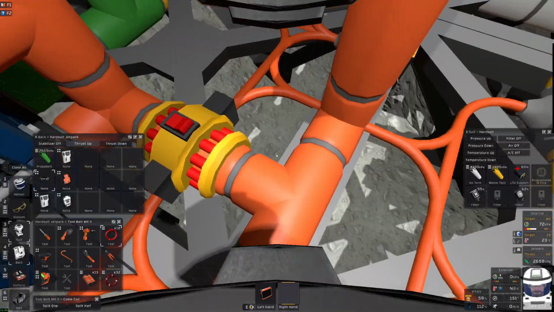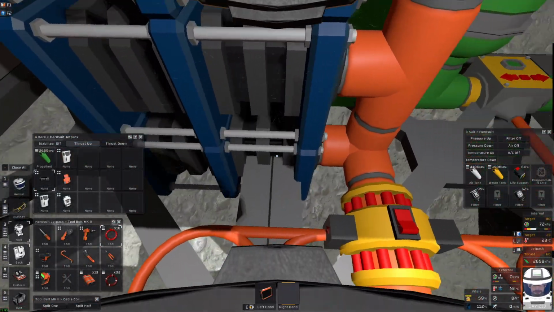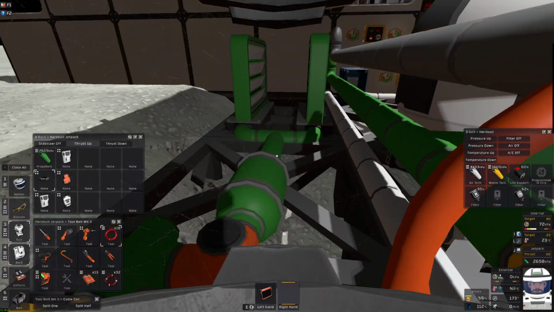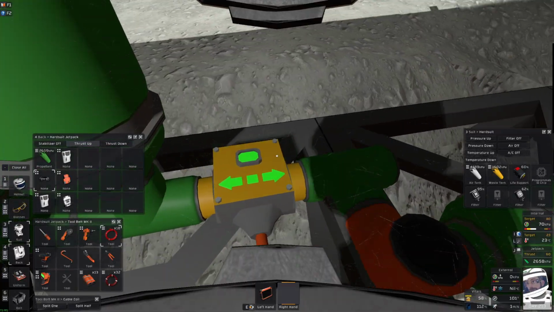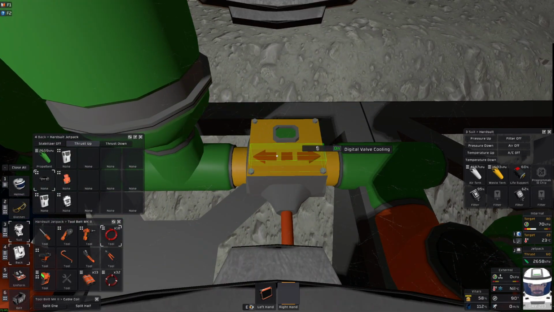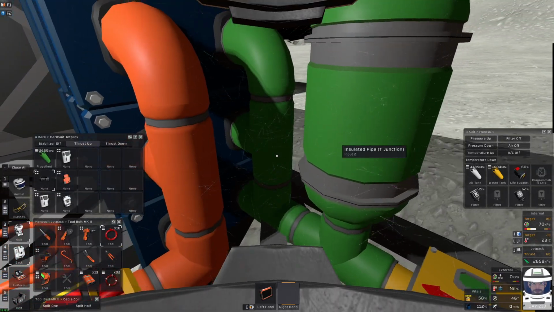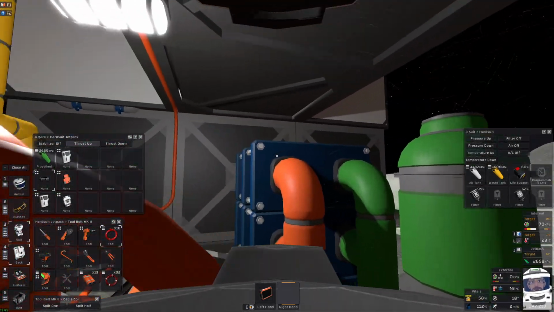And then also, we have temperature control, so we have some heat exchangers going to a very small radiator stack, with this setting connecting and disconnecting the radiator stack from the heat exchangers.